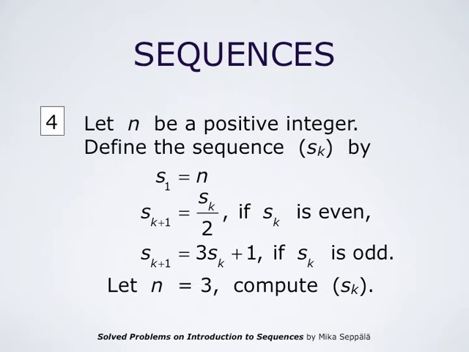And we start with n being 3, and our task is to compute this sequence S_k. Now clearly, if S_k is odd, then 3 times S_k plus 1 is even, and all these numbers in this sequence are integers. We have to figure out how this sequence goes, what the sequence is, if we start with n equals 3.